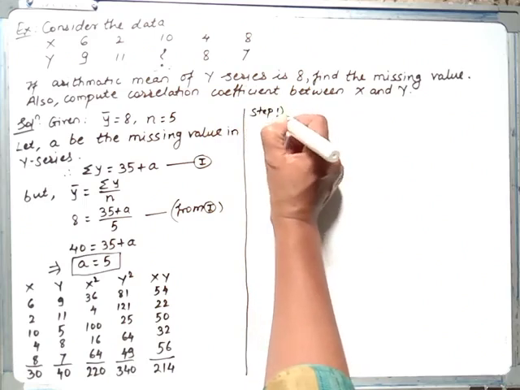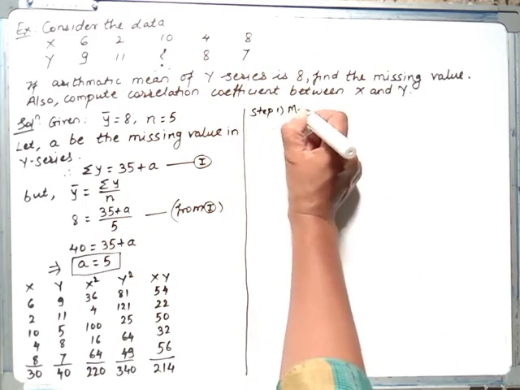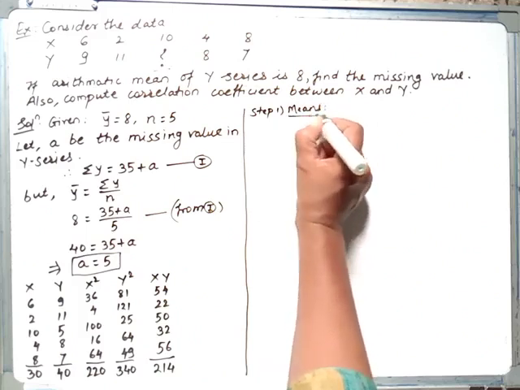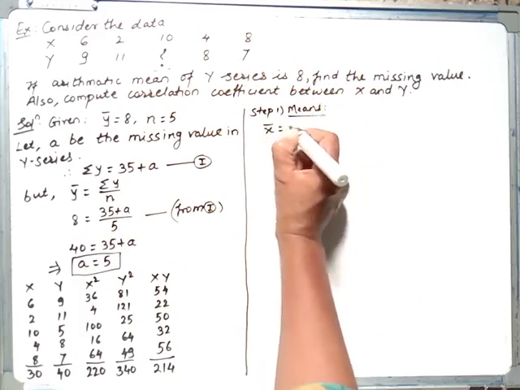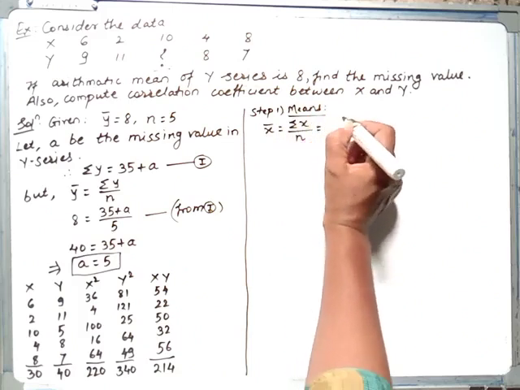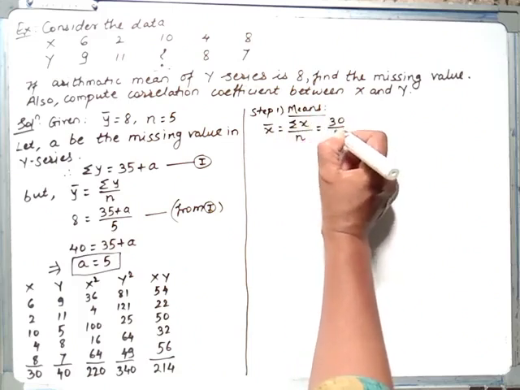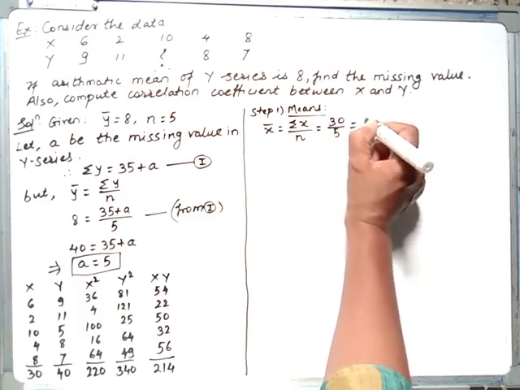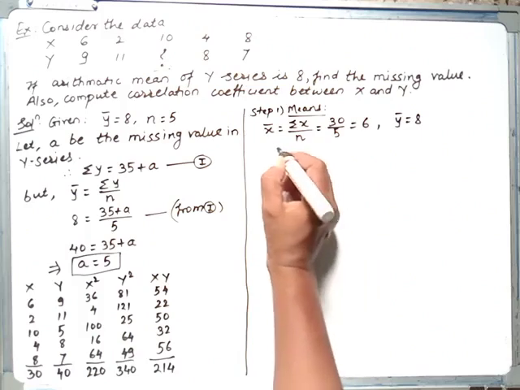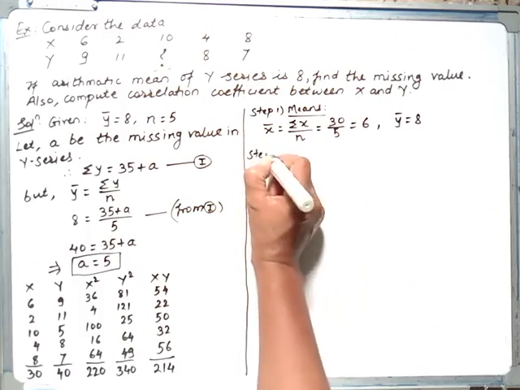So step 1, to calculate the means. X bar is summation x upon n. Summation x is 30 upon 5, so it will be 6. Y bar is already given to us. It is 8.